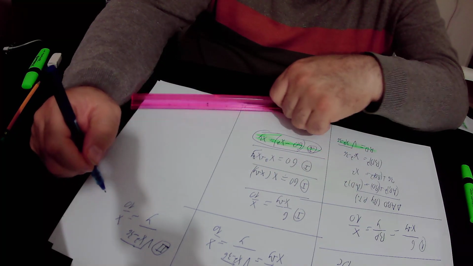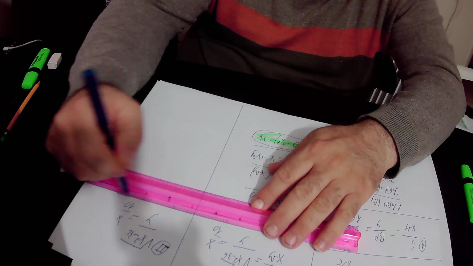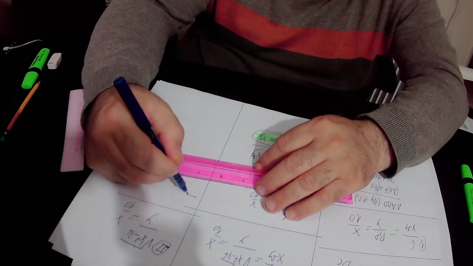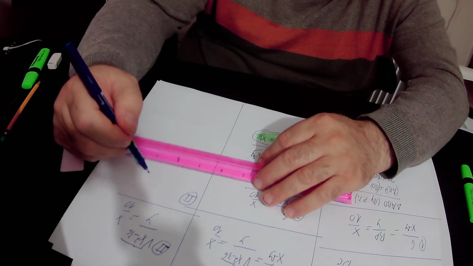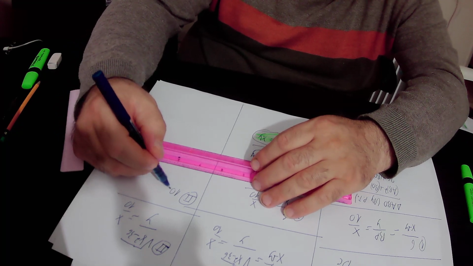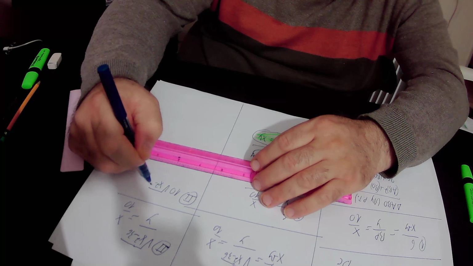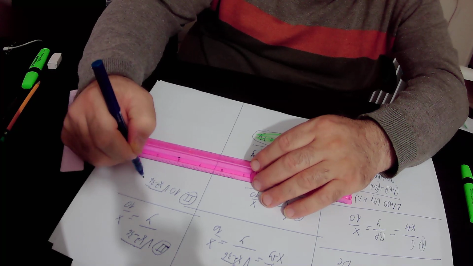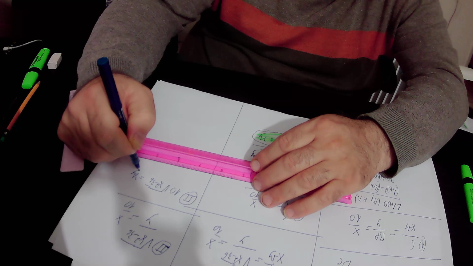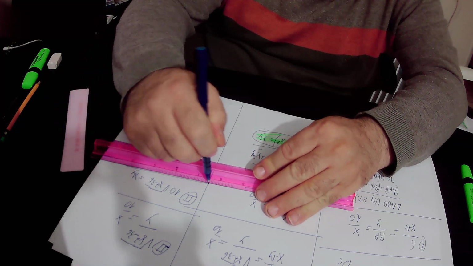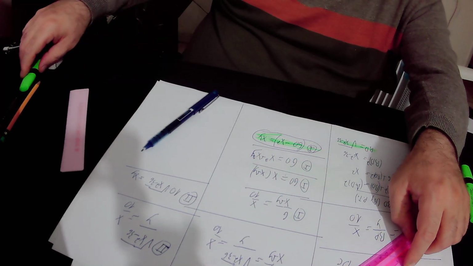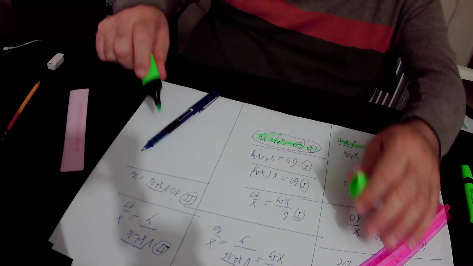Here we will cross multiply equation number 2, and we get that according to equation number 2, 10 times the square root of x squared minus 36 is equal to xy. So we have two different expressions for xy.